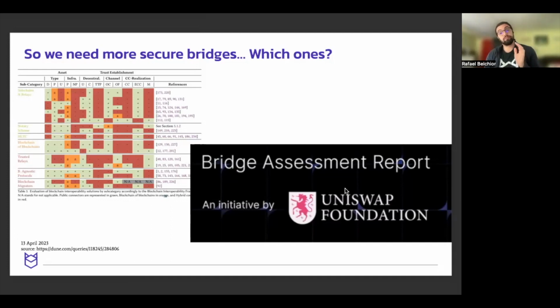Some are more directed towards industry use cases, such as the Bridge Assessment Report, which I recommend you read. It's very recent, just published a few days ago, sponsored by Uniswap Foundation, where the authors explore the ideal interoperability infrastructure for cross-chain governance. Our survey is a bit more general and explores more diverse solutions.